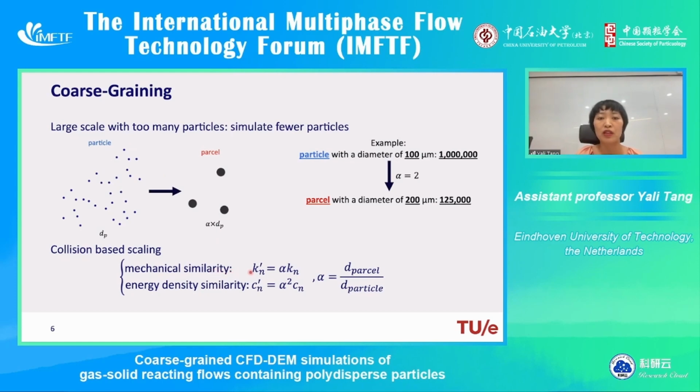For instance, the normal stiffness needs to be scaled linearly with the coarse-graining factor, which is the ratio between the size of the parcel and the size of the primary particle. And the damping coefficient needs to be scaled with alpha squared. That's how it works for the collision. Of course, we also have to scale the other forces, for instance the drag force. And if mass transfer or heat transfer is involved, we need to scale those properly as well. But I will not go into detail on this slide.